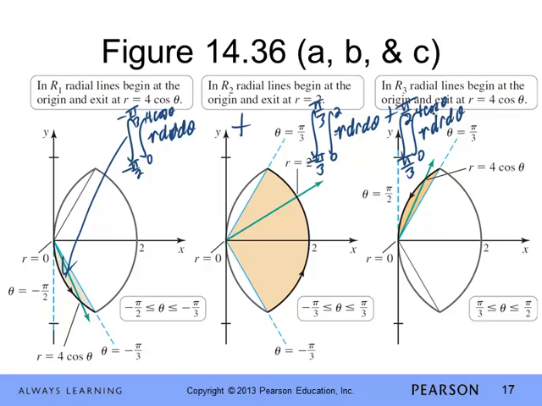What you could do alternatively is use symmetry to your advantage, because this area down here below the x-axis is the mirror image of this area up here.